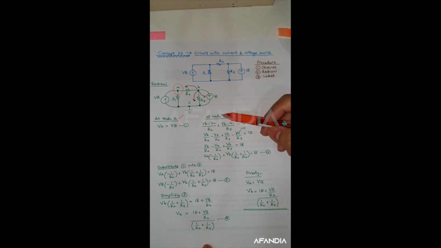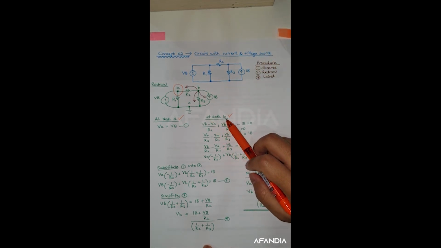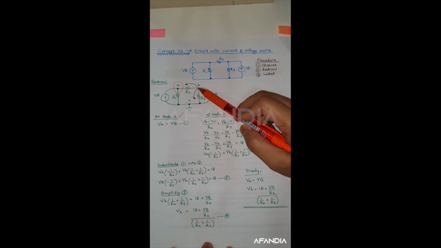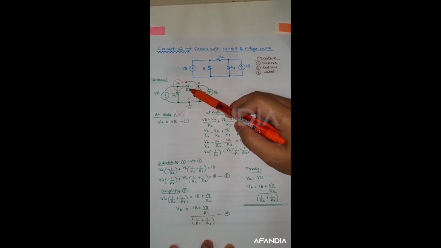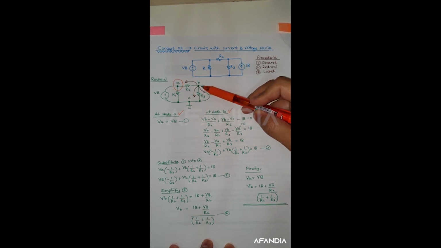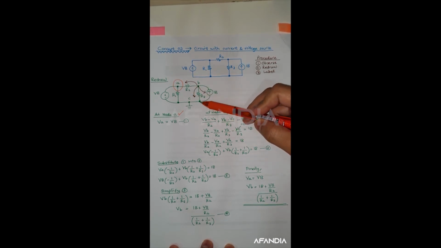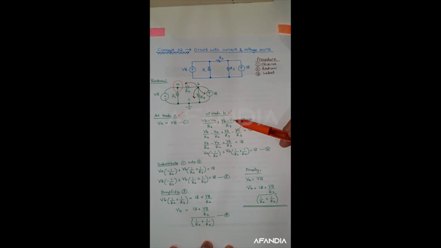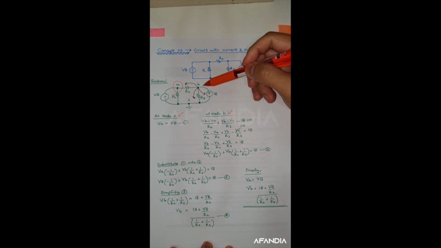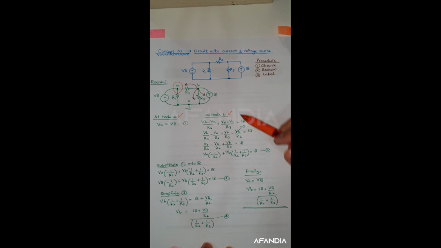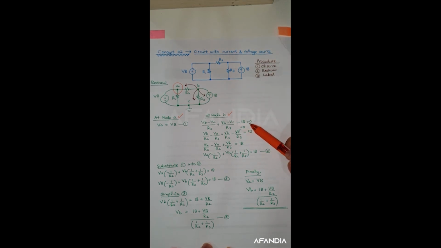So let me start at node B: VB minus VA divided by R2, plus VB minus VC, which is your ground, divided by R3, and this current is in the opposite direction of IB, so this is why it is minus IB equal to 0.